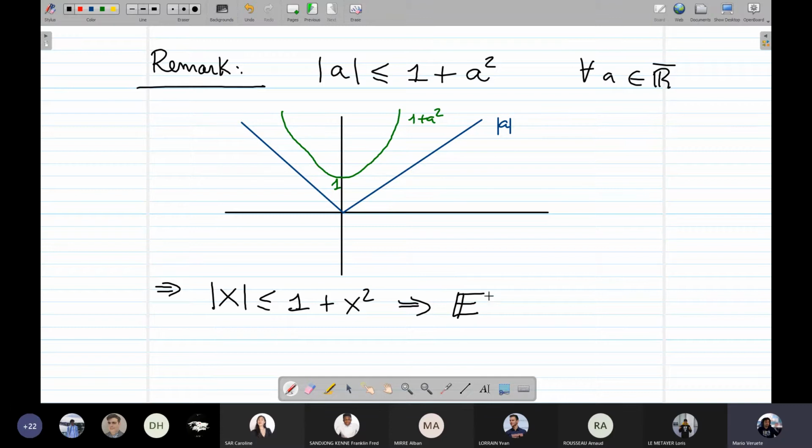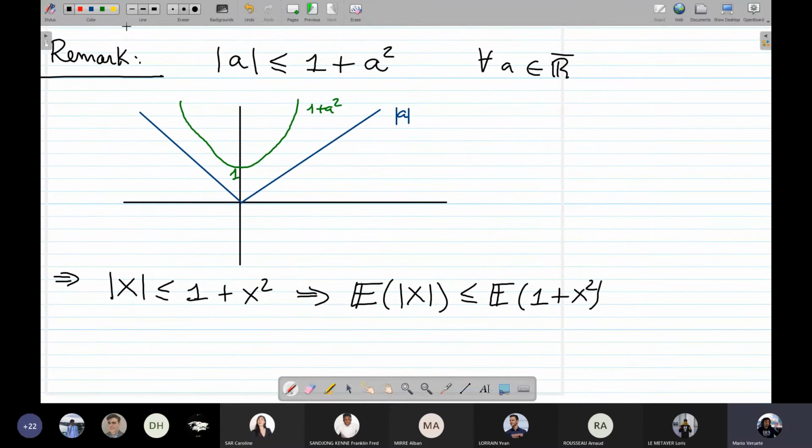If you take the expectation of the absolute value of X, this will be smaller than the expectation of 1 plus X squared, but the expectation is linear, so this is just the expectation of X squared plus 1.